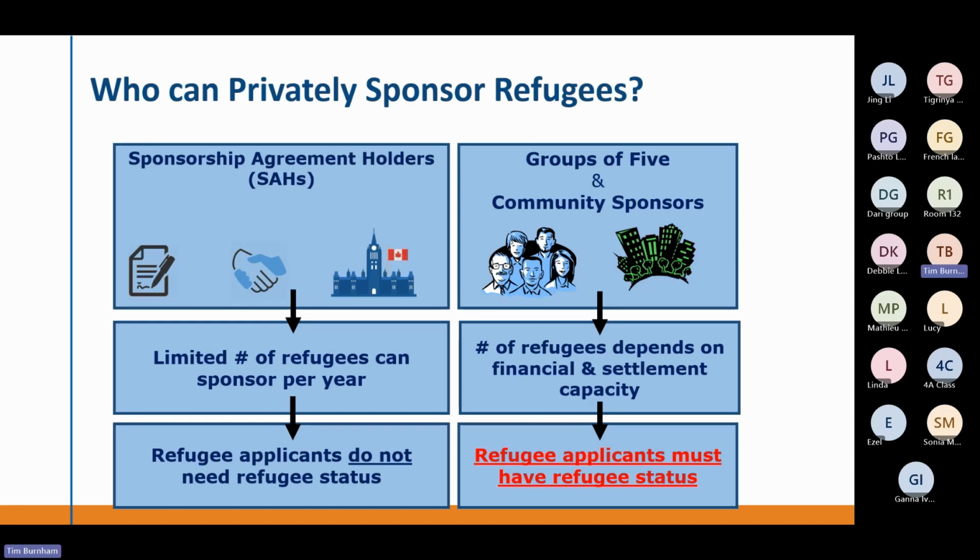For groups of 5 and community sponsors, they can sponsor as many refugees as they want, as long as they have the financial capacity. But for groups of 5 and community sponsors, the refugees have to have refugee status in the countries where they live.